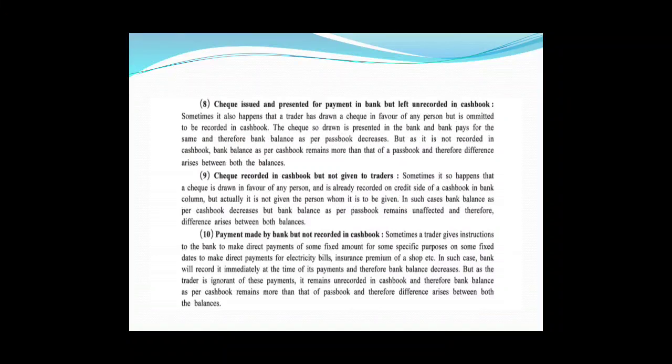But as the trader is ignorant of this payment, it remains unrecorded in the Cashbook, and therefore the bank balance as per Cashbook remains more than that of Passbook, and therefore a difference arises between both the balances. So friends, these are some reasons.